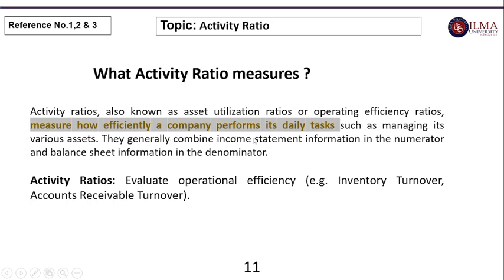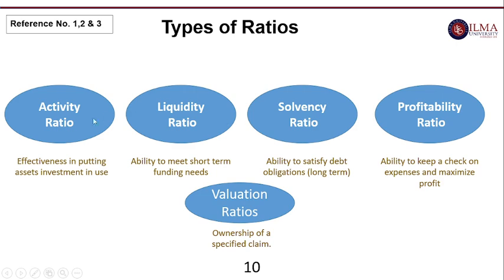It generally combines income statement information in the numerator and balance sheet information in the denominator. Activity ratio evaluates operational efficiency, for example inventory turnover and account receivable turnover.